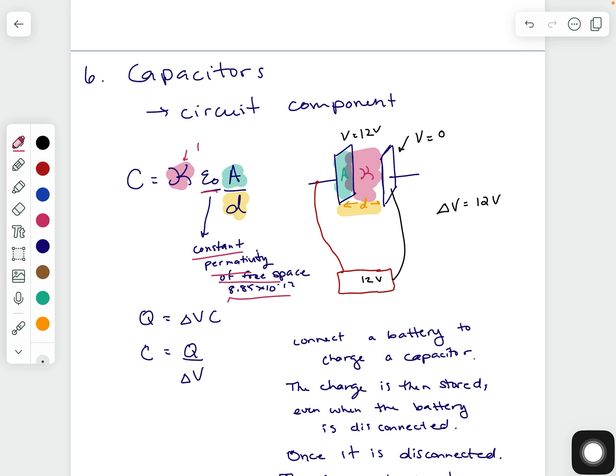So when we hook up a battery to this, one of the power sources I had in class, turned up to 12 volts, and we connect it to a capacitor, well, one plate will become positive 12 volts, the other will become 0 volts, giving us a potential difference from the negative plate to the positive plate of 12 volts.